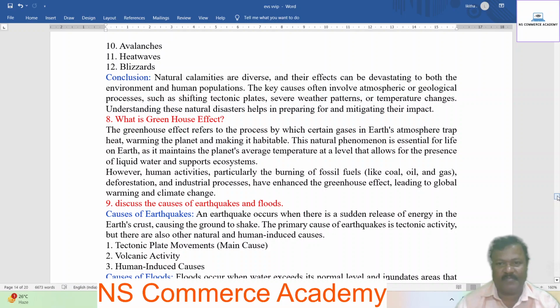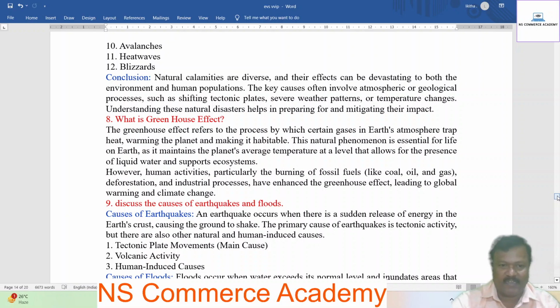This natural phenomenon is essential for life on Earth as it maintains the planet's average temperature at the level that allows for the presence of liquid water and supports the ecosystem. However, human activities, particularly burning of fossil fuels like coal, oil, and gas, deforestation, and industrial processes, have enhanced the greenhouse effect, leading to global warming and climate change.